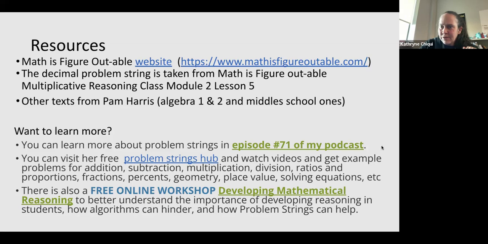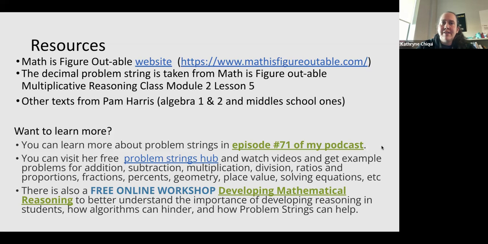I'm trying to see what other questions you guys have had. So some of the materials are free and then some of them actually do cost money.